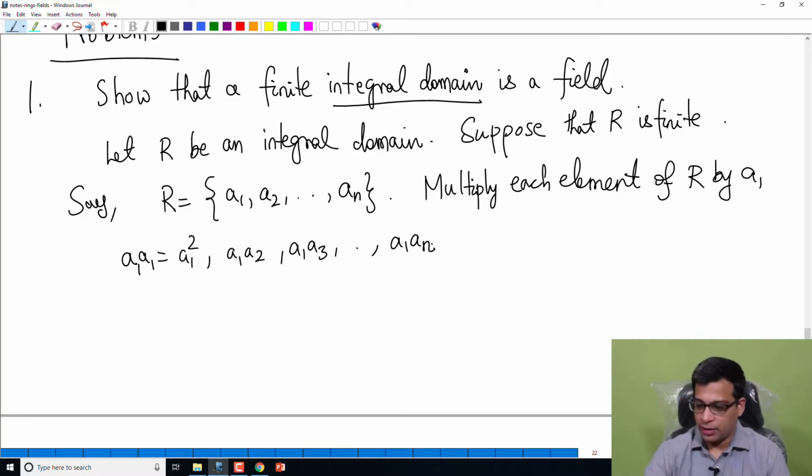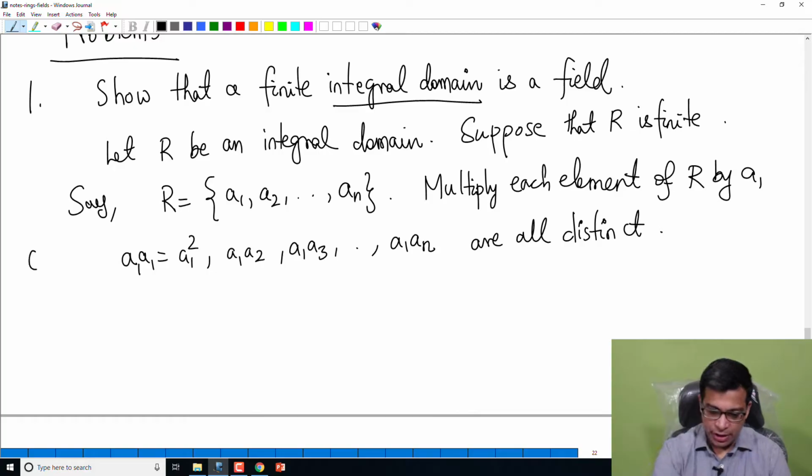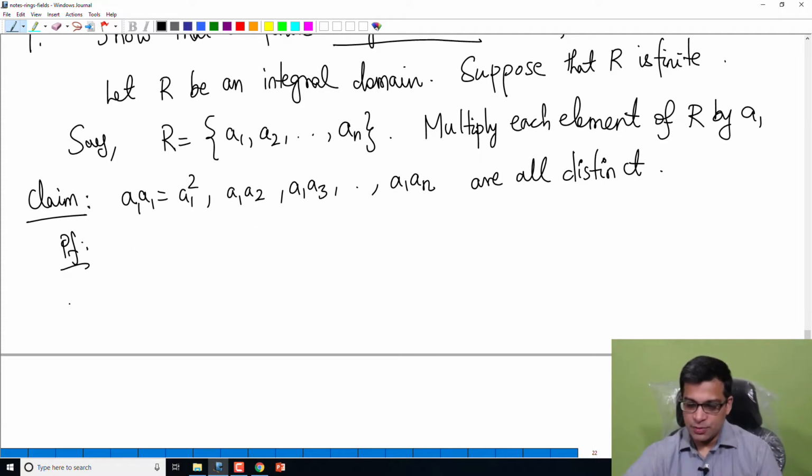I now claim that these are all distinct. This is my claim. You choose A1 and multiply A1 with every element of the ring. I claim they are distinct. Why is this? Let's prove this. Suppose they are not distinct. Maybe when you multiply two different elements AI and AJ with A1, they become equal. That's a possibility. I'm saying that it doesn't happen in an integral domain.